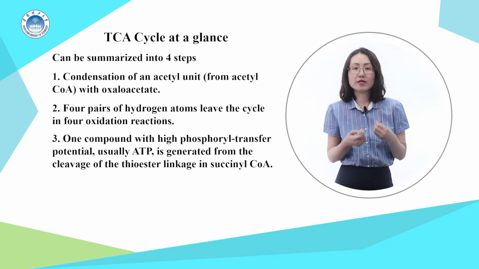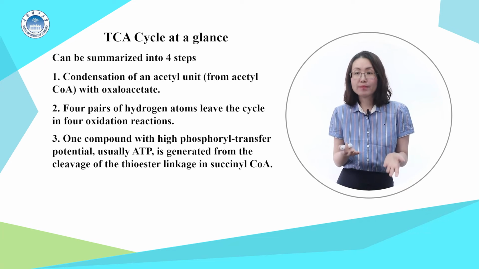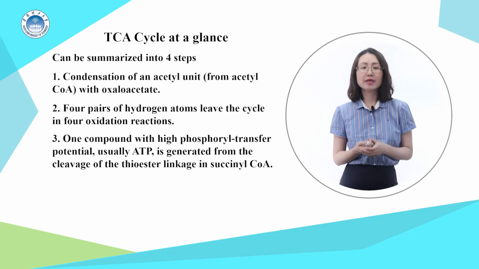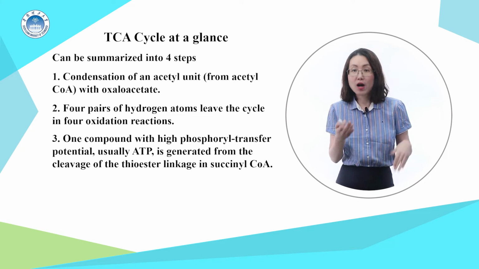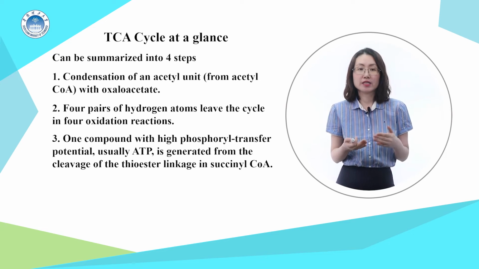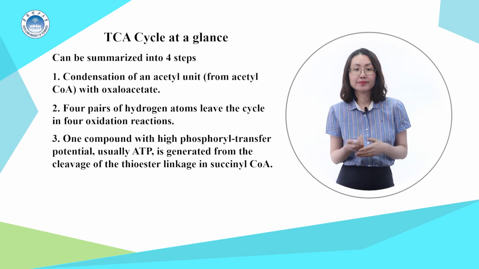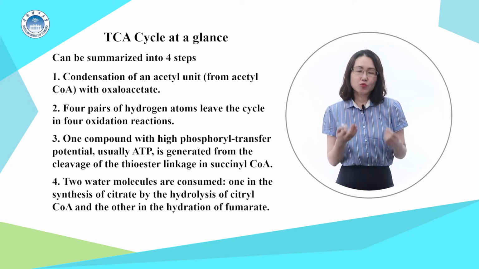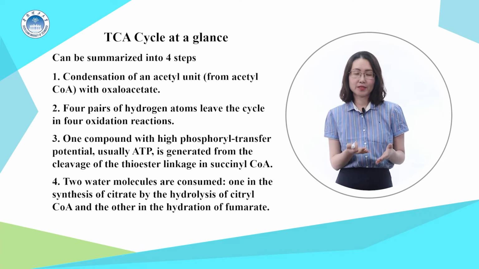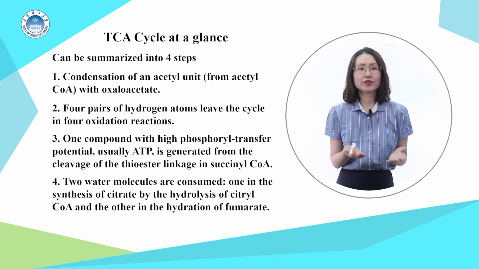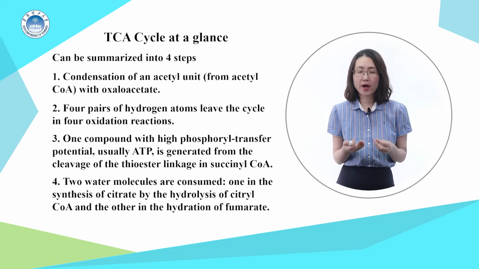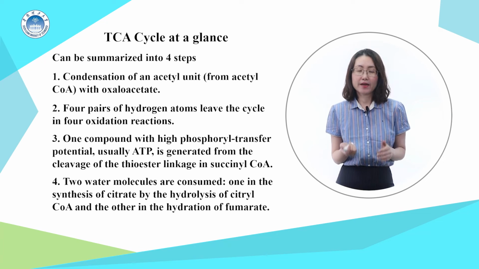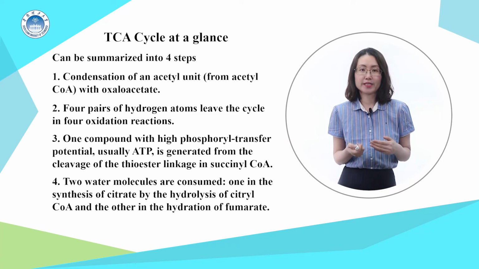One compound with high phosphoryl transfer potential, usually ATP, is generated from the cleavage of the thioester linkage in succinyl-CoA. 2 water molecules are consumed, one in the synthesis of citrate by the hydrolysis of citryl-CoA, and the other in the hydration of fumarate.